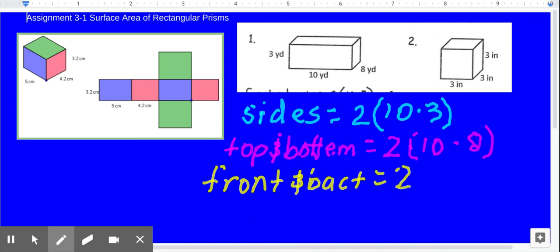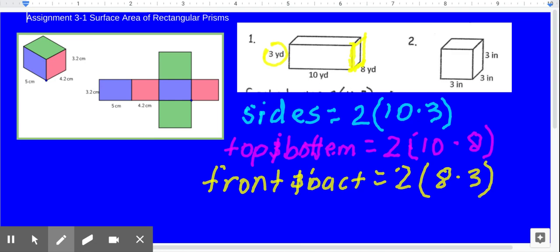And there's two of them, so the front and the back would be this rectangle here. So the base is 8. Okay, the side is 8, and the height is 3. It tells us the height over here. So we have 8 times 3.